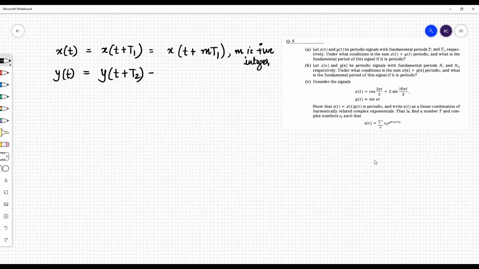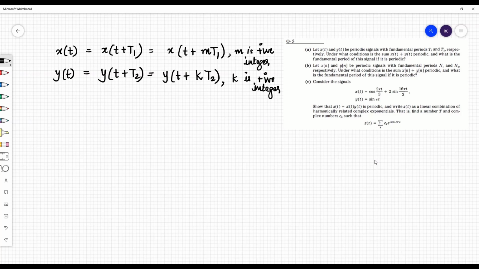Similarly, you could say y(t) is the same as y of t plus, say, n times T2, where n, instead of using n, let us use some other variable. Let us use k, okay? So that you do not mix up the discrete time argument n, right? So t plus k T2, where k is also a positive integer.